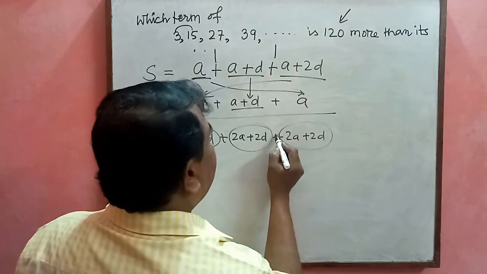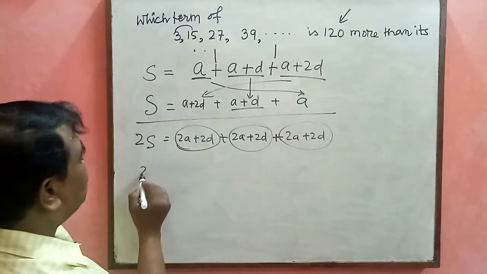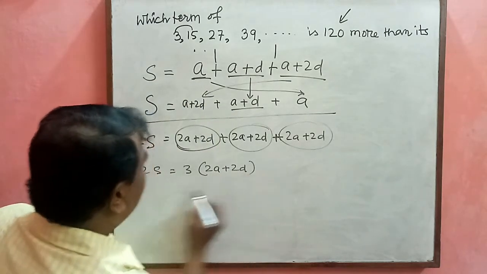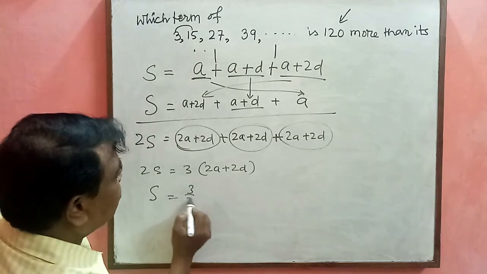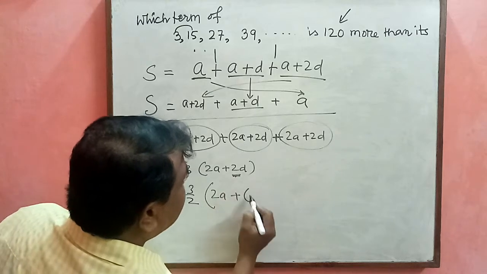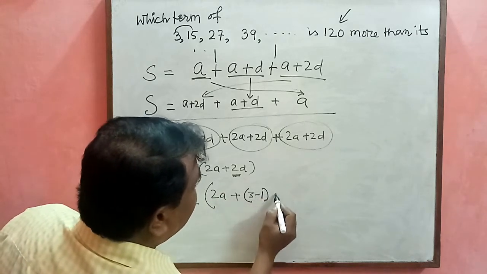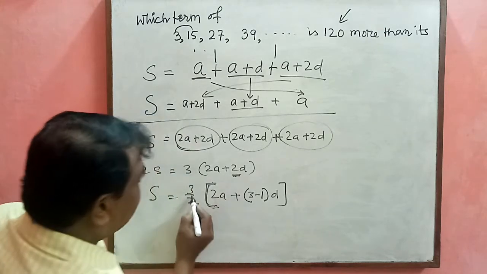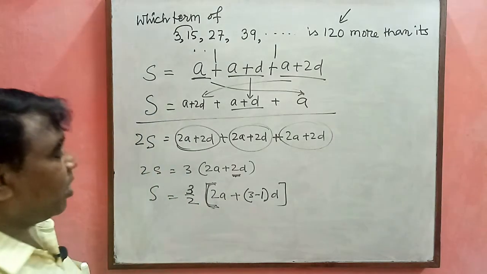So we can easily say 2S is equal to 3 into (2A plus 2D). So S is equal to 3 upon 2 into (2A plus (3 minus 1) into D), as we know this 3 is our number of terms.